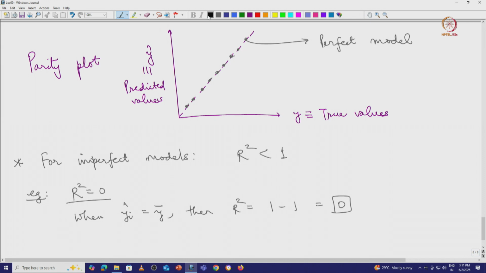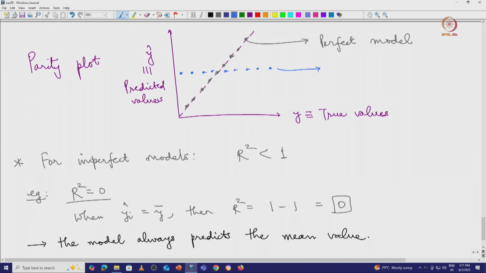This happens when the model always predicts the mean value. Essentially the model could not do better than just predicting the mean value. That is why the R square is equal to 0. And if you showed this on a parity plot, it would look like the following: your y hat will always be equal to y bar.